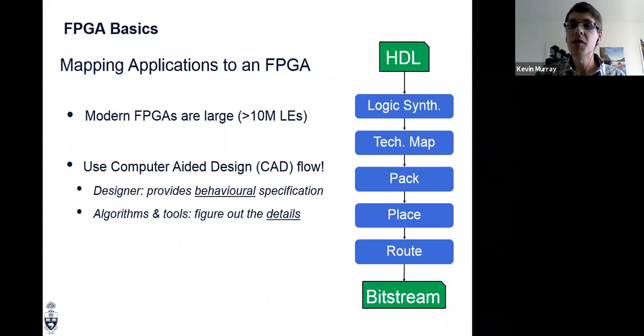So it's really infeasible to do this design by hand. So what we use is this automated design flow where the designer provides us a high-level behavioral specification in some kind of hardware description language. And then we have a variety of algorithms and tools that process that high-level behavioral specification and figure out all the low-level details that are required to produce the final bit stream that actually configures the FPGA to implement our design.